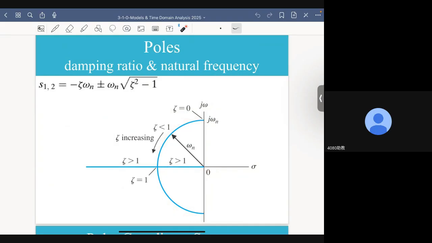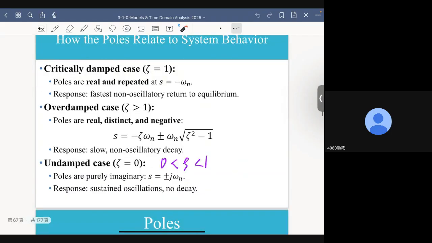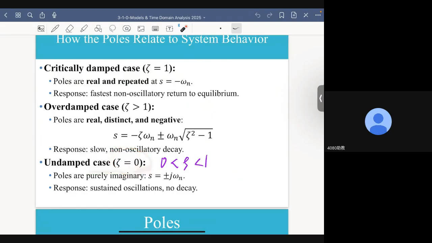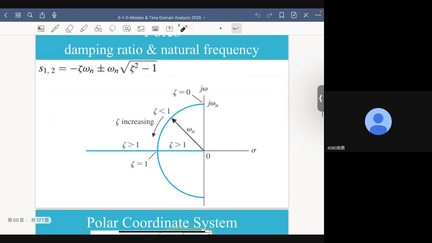In the beginning, let's say eta equal to 0. What we have is a pair of complex conjugate roots, but this time the real part is 0, okay? So initially, when eta is equal to 0, our poles are located here and here, all right?